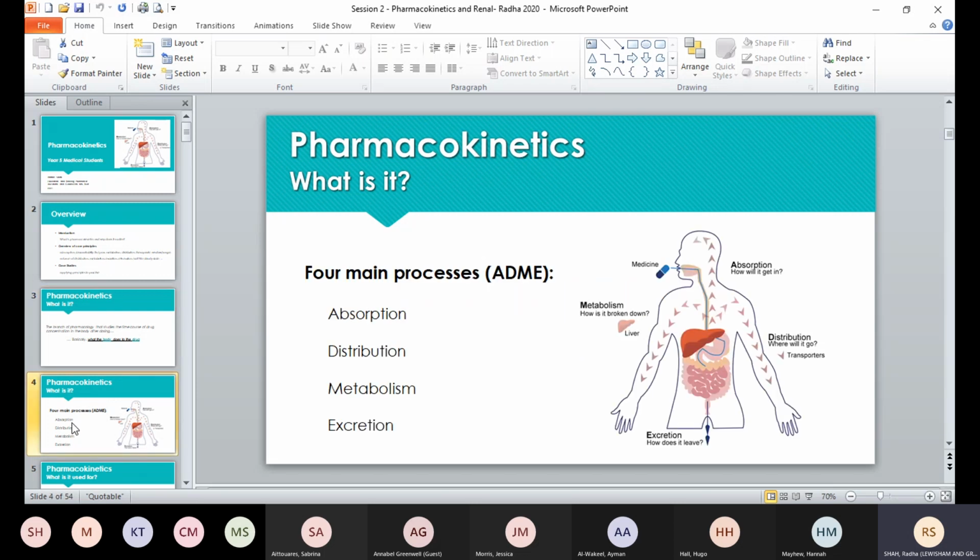The 4 main processes involved, we abbreviate to ADME, and that is absorption, so how we get it inside our body, the distribution of where it will go and where it's transported, metabolism of the drug, so how it's broken down, is it broken down in the liver, in the kidneys, and then excretion of it, how does it leave the body.